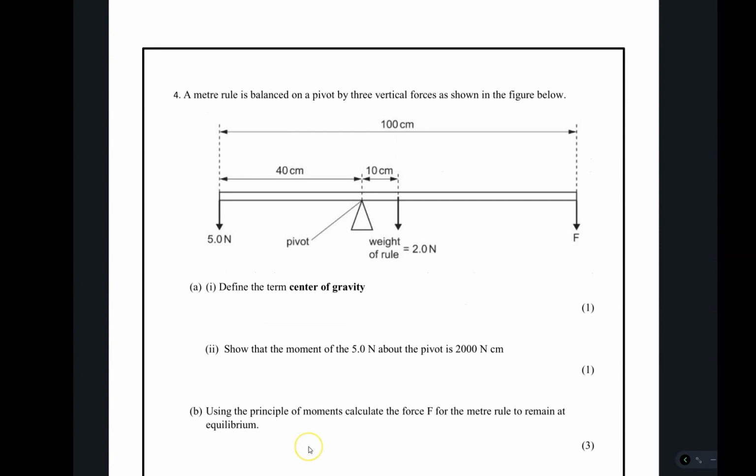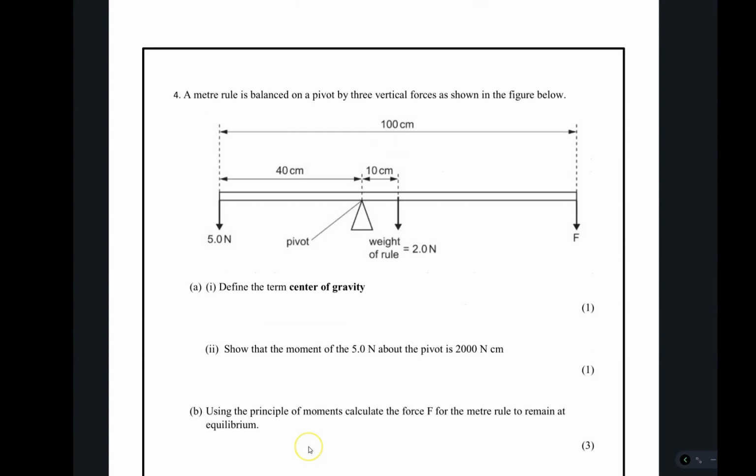At the center of an object, you can balance an object, and that object will remain at equilibrium, will remain at balance, will not topple to any side. So which means the center of gravity is a point where much of the mass of the object is concentrated.